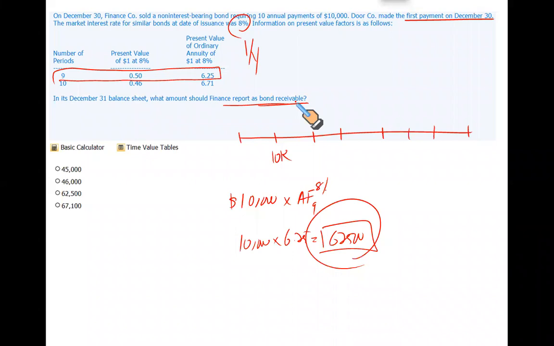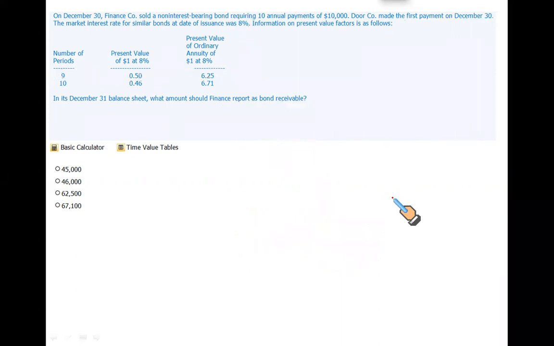If you are the investor, this is what you will report on your balance sheet as a receivable against the bond. Now, if you insist on solving it using the financial calculator, the inputs are number of periods, interest rate per period, present value, payment, and face value. Let us do this now. Number of periods are 9. Interest rate per period is 8.